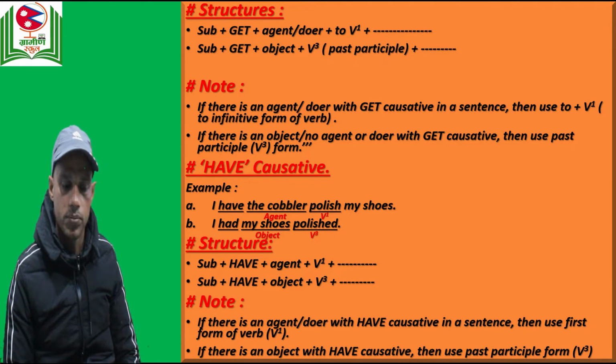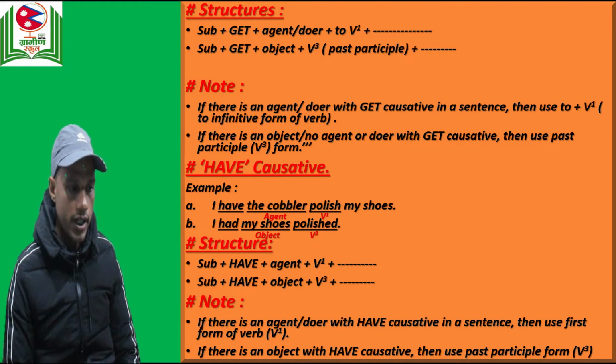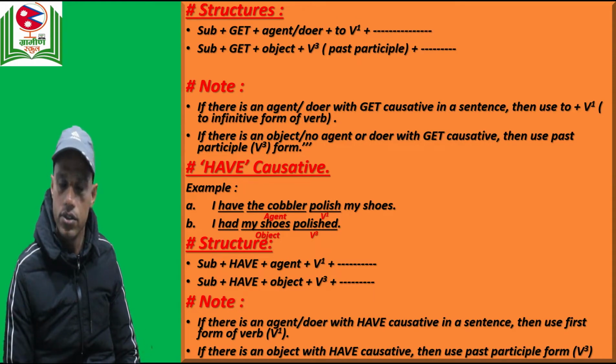You can see there, polish. Now in the second example, we have an object in place of the agent or doer. So if there is an object with have causative, then you should use the past participle form of verb. You can see there, we have used polished: I had my shoes polished.